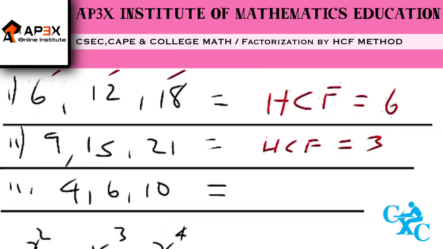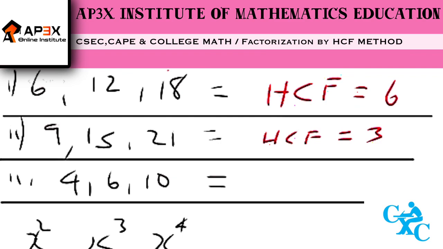Alright, now moving on to example number 3 then, in the fundamental aspect of this video, we're looking for the HCF of 4, 6, and 10. So with 4, 6, and 10, our HCF cannot be 4 because 4 is not divisible into 6 and it's not divisible into 10. So it has to be a number that's less than 4.